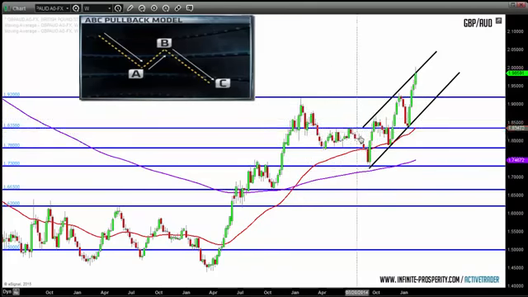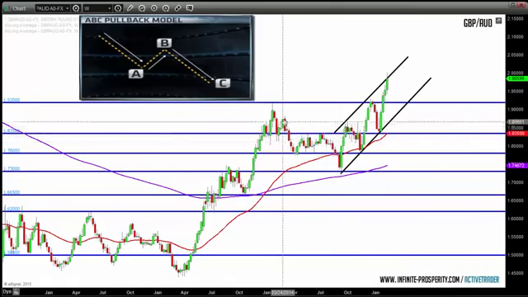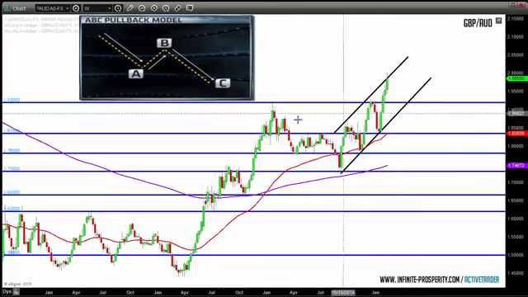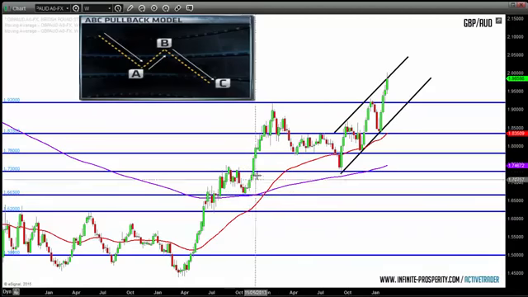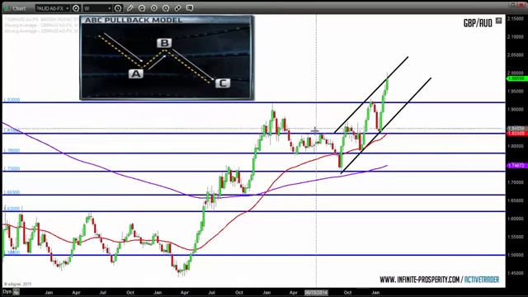What this means is essentially it's a two-leg pullback before resuming the overall trend on a currency pair or any asset class. So we can see that we rallied all the way up to 1.92, then we formed a higher low at 1.78, then a rally to 1.835, forming a lower high, and then forming a lower low to 1.73 before we started to resume the trend.